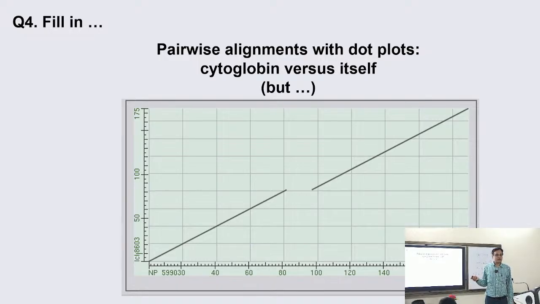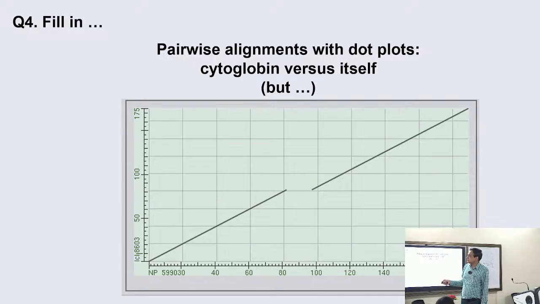Which of the cytoglobins has the deletion? On y, right? On x you have 190 residues, on y you have 175, and deletion happened.